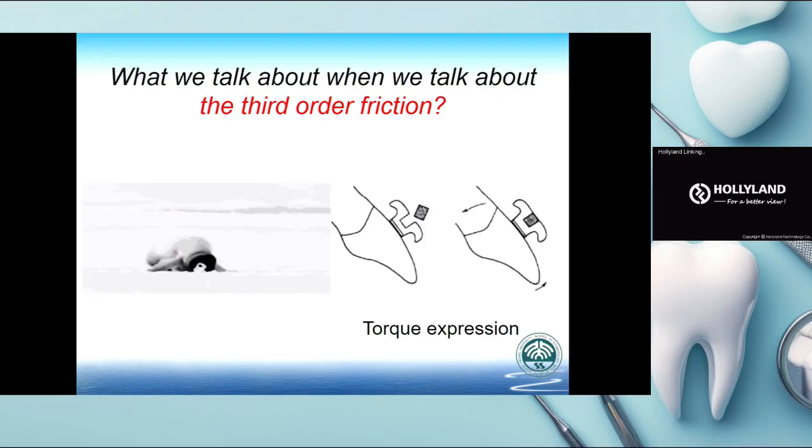If you don't have friction, you don't have torque expressed. So, just as I mentioned at the beginning, we don't always need low friction. Sometimes we do need increased friction, like this situation.